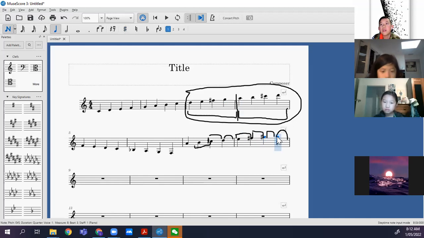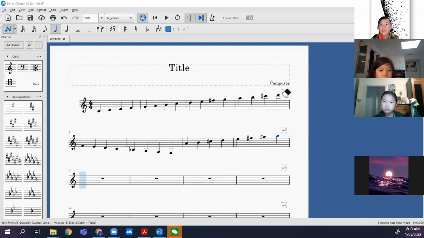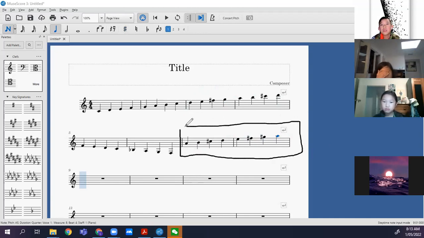And finally, we go back to A. So this scale has 3 sharps and it commences on A. And so the key signature for this would be 3 sharps: F sharp, C sharp, and G sharp.